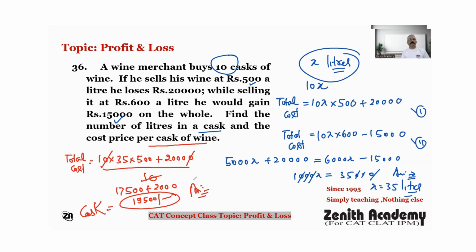Got it? Look at this question again. A wine merchant buys 10 casks of wine. Suppose in one cask there are x liters of wine. So the total wine is 10x.